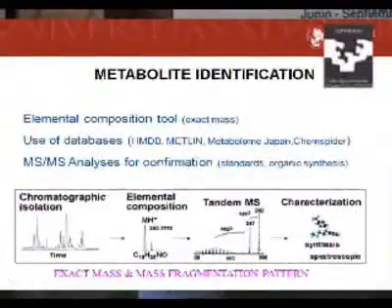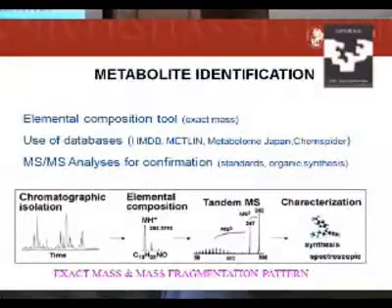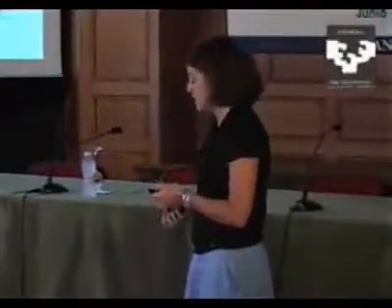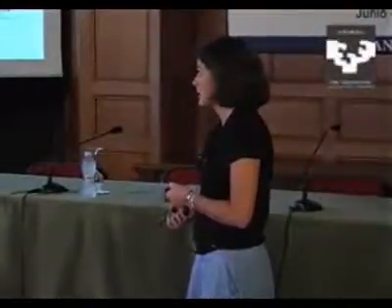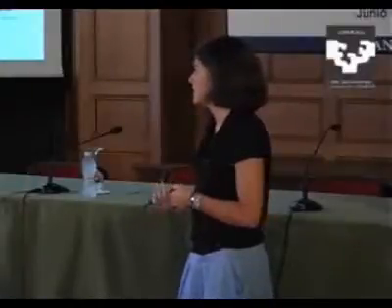If you are working with high sensitivity mass instruments, you can also use data. You can see if the metabolite is in open databases. I usually use the Human Metabolome database, which has thousands of metabolites in the human body. It's a very good database, but of course not everything has been found out.